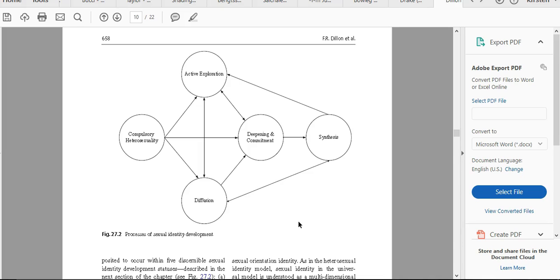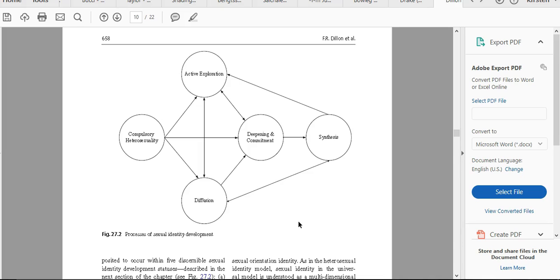I think a nice connection to one of the books that we're reading for class, Make Your Home Among Strangers, is that Lisette, if we were going to put her within one of these statuses, might actually fall within the compulsory heterosexuality status, because she's working through a lot of social class and first generation and race and all of those other identity issues in the book, but she's not really questioning or working through or thinking about even the sexuality component of it.